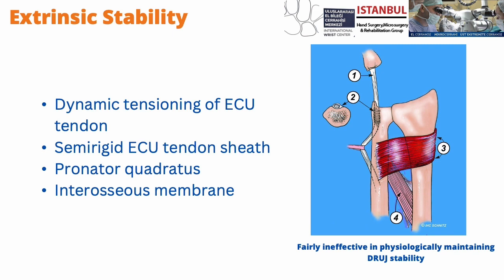Extrinsic stability of the DRUJ consists of dynamic tensioning of the ECU tendon, semi-rigid ECU tendon sheath, pronator quadratus muscle, and interosseous membrane, especially the distal oblique membrane component.